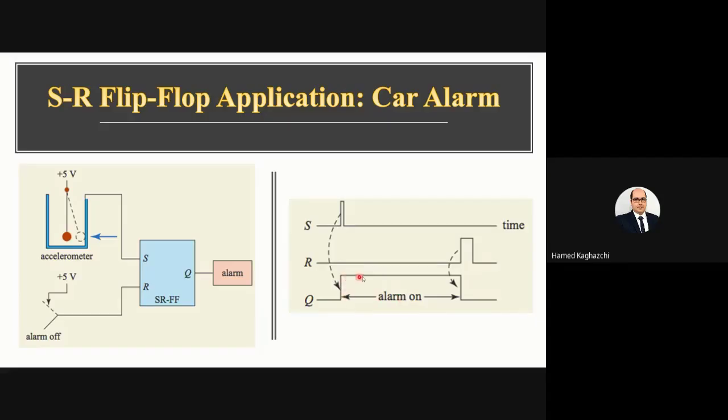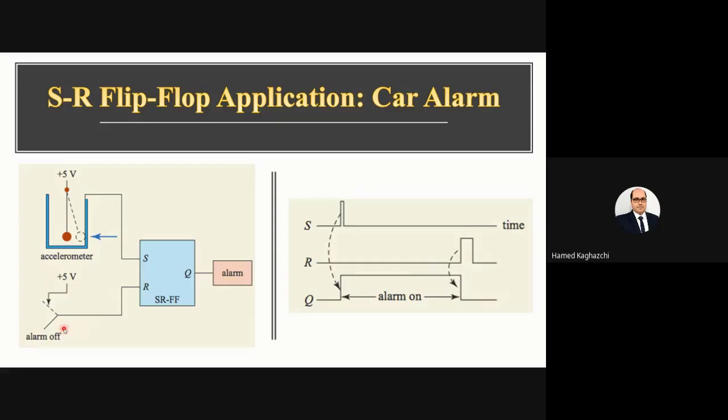And this alarm will stay in its on mode. Up to when? Up to when we set the reset to 1. How can we change the reset signal to 1?